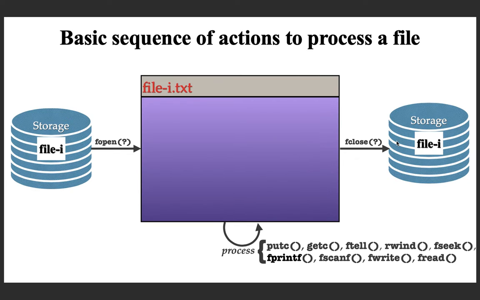Until now we learned about all these functions, and today we are going to discuss two formatted input output operations. This is for output and this is for input when we use files for data storage in a C program.